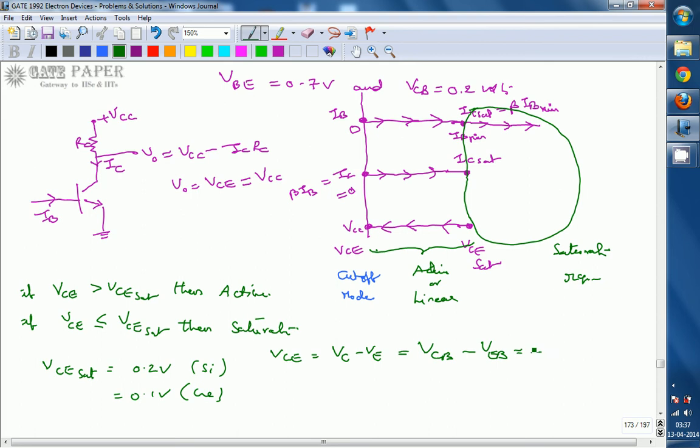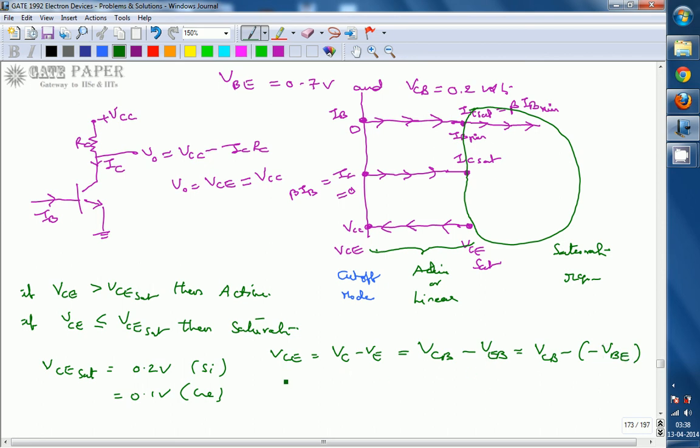VEB has not been given; what was given is VBE. If you write VEB in terms of VBE, it will become negative of VBE, as when the terminals get exchanged we have to introduce a negative sign.